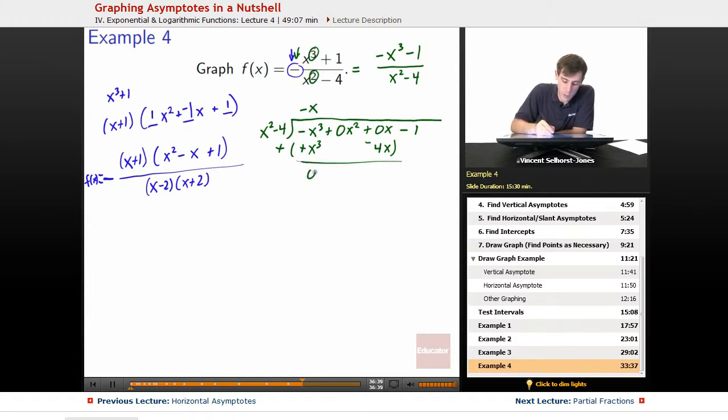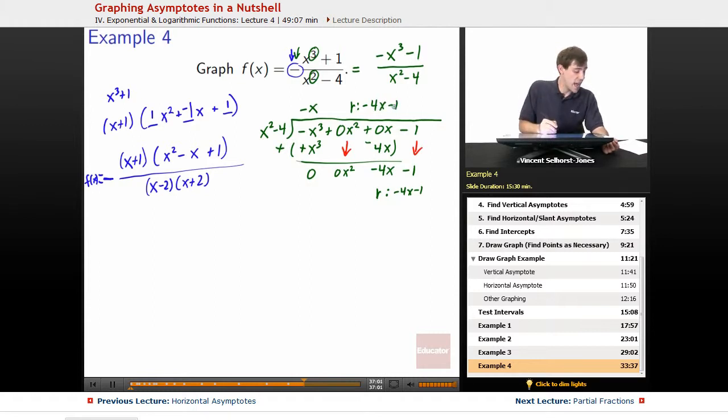Negative x cubed plus x cubed becomes 0. 0x minus 4x becomes negative 4x. We bring things down. We got 0x squared minus 1. So we've got a remainder of negative 4x minus 1. And what came out was negative x.